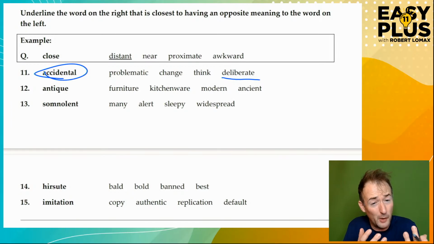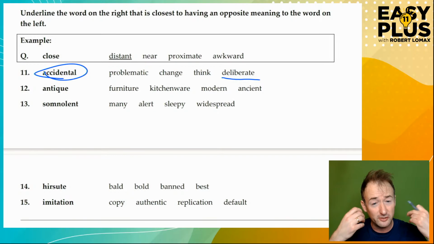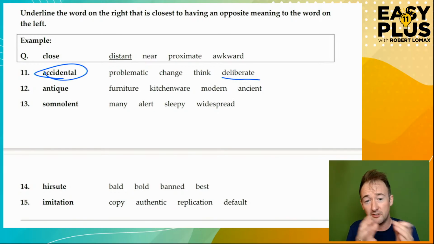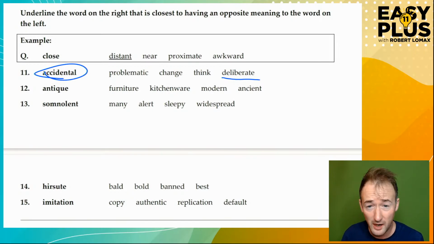So if you got hung up on the idea of deliberate, the verb meaning to think, to deliberate over something, I deliberated over whether to do non-verbal reasoning or verbal reasoning for this lesson, for example, you might not spot that there's an opposite there because you could say that also as deliberate, which is an adjective that's the opposite of accidental, okay? Do you get what I'm saying? Look out for different sound possibilities for words which can indicate different parts of speech. Deliberate, verb, deliberate, adjective.